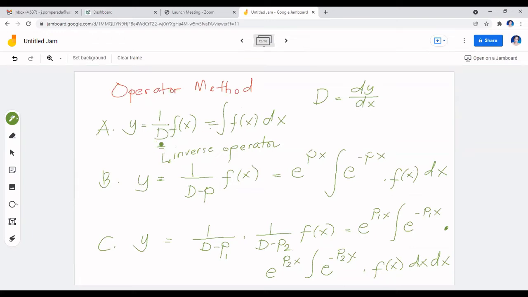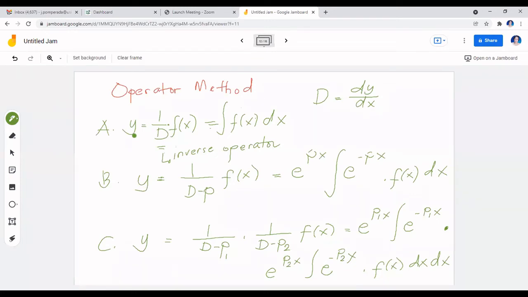So the 1 over D multiplied to the function of x is to be interpreted as you find the integral of this function of x. Whenever you see the inverse operator, that is to be interpreted as the integral of the function that is written after it. Okay, so you need to get the integral of that function, and that already gives you the solution of the DE.